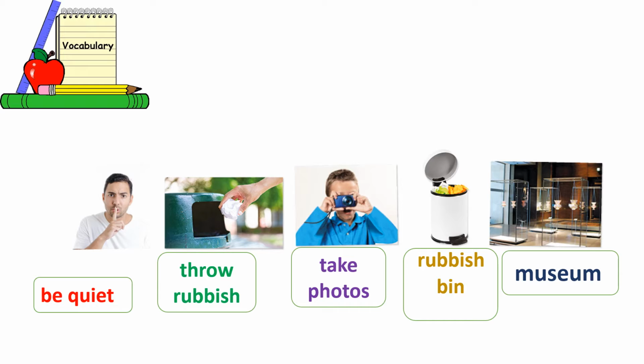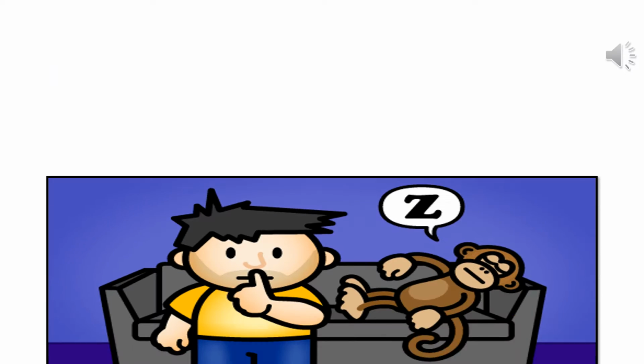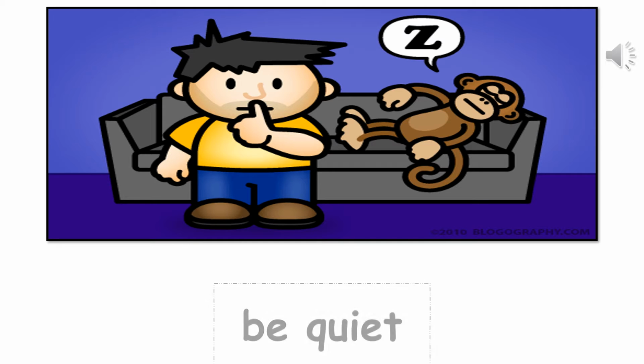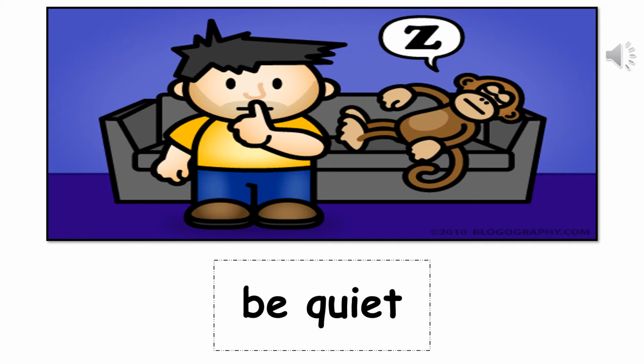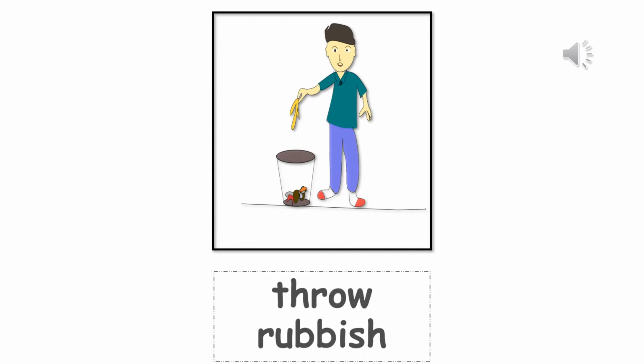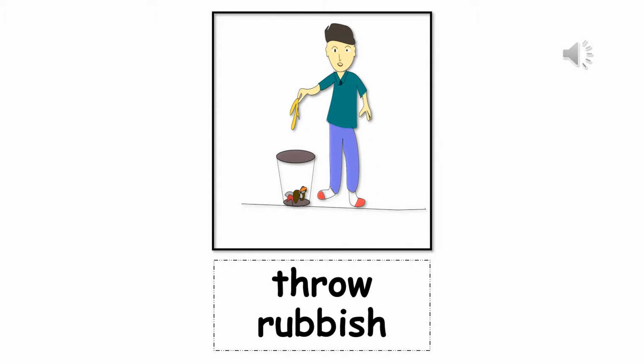Very good. After listening to the CD player, I'm going to try to consolidate the new words in your mind by following the strategy of learning by photo. Look at the pictures and try to identify it. Be quiet. Throw rubbish.